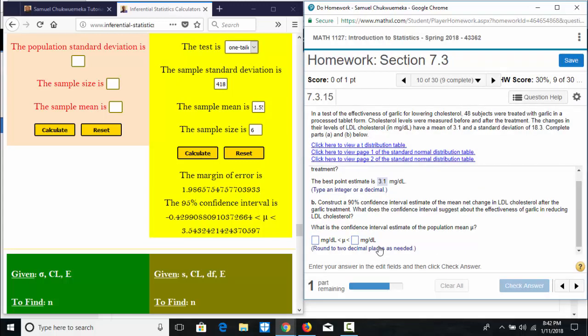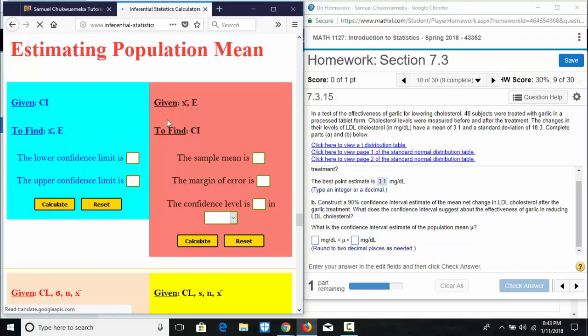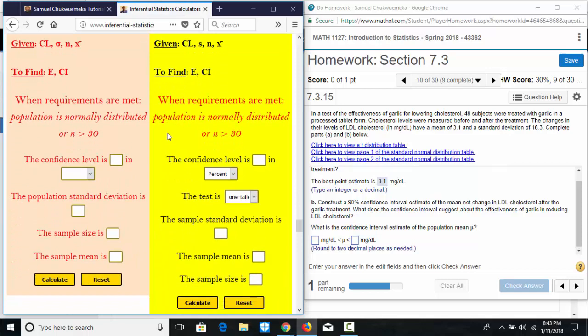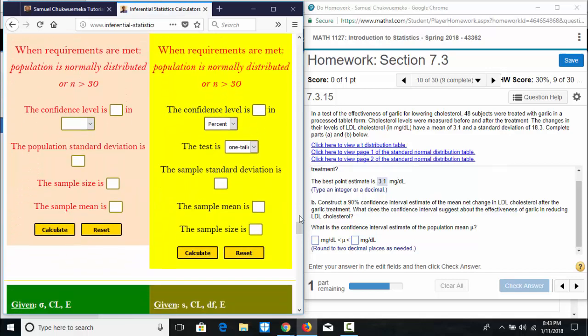B. Construct a 90% confidence interval estimate of the mean net change in LDL cholesterol after the garlic treatment. What does the confidence interval suggest about the effectiveness of garlic in reducing LDL cholesterol? So I'm going to use my calculator here. Confidence level is 90%, is already in percent.